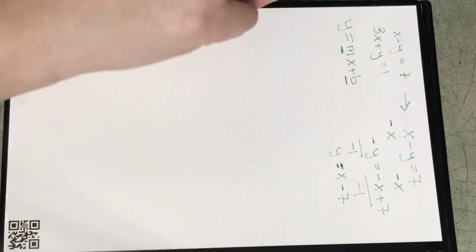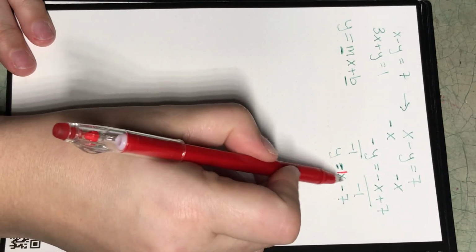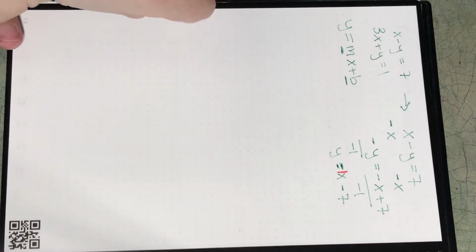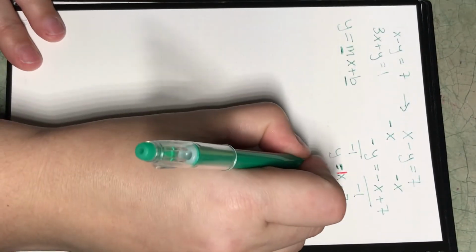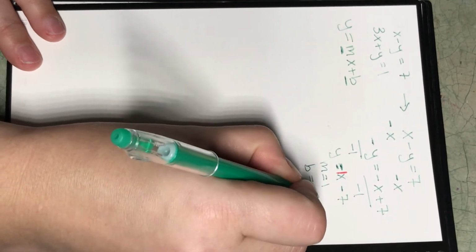In this equation, I don't have an m value, but if we think about what times x would just be x, it's 1. 1 times x is just x. So our m is 1, and my b value is -7.